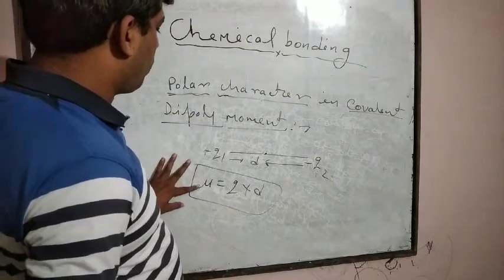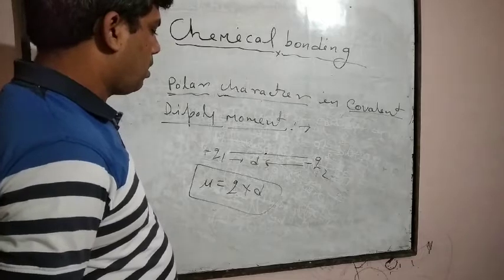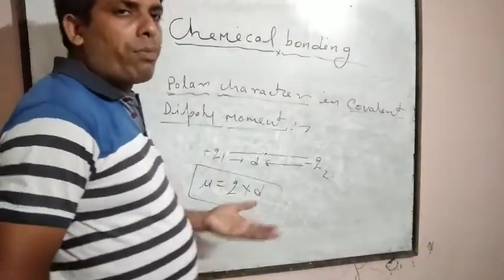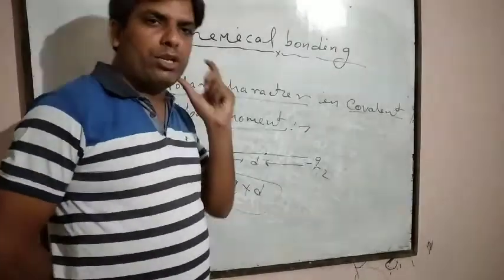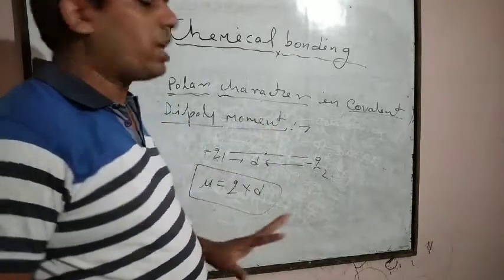Magnitude of dipole moment mu is equal to q into d. Hence, we can say that the dipole moment is equal to the magnitude of one charge multiplied by the separation between the two charges.